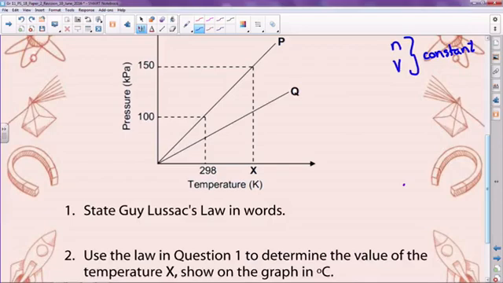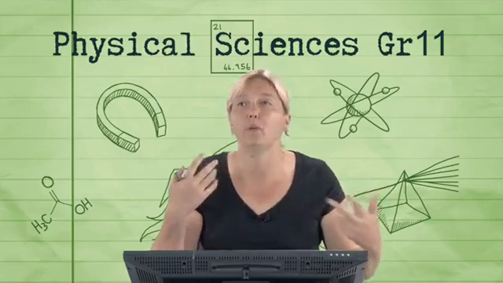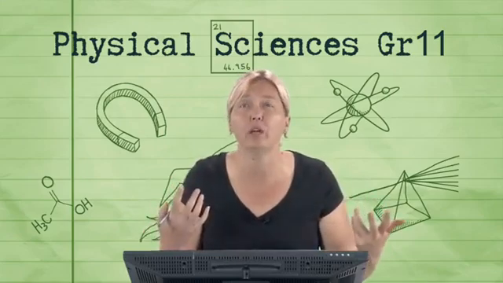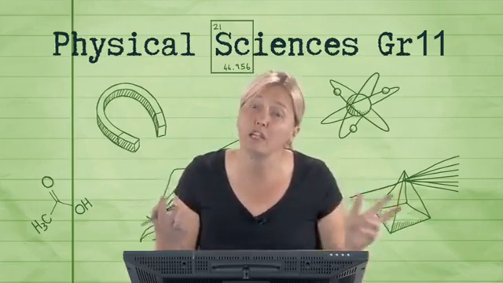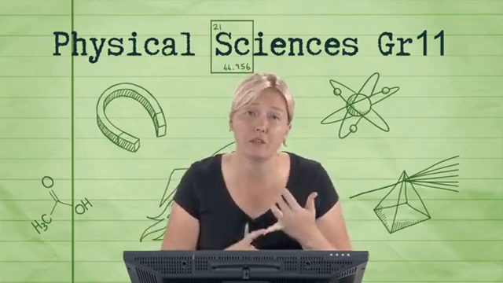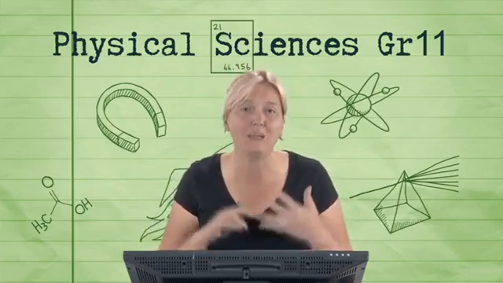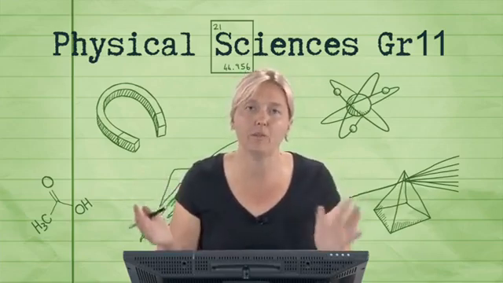So what you're going to say is that Gay-Lussac's law states that the relationship between pressure and temperature of a gas with a fixed number of moles and a fixed volume is directly proportional if the temperature is measured in Kelvin.